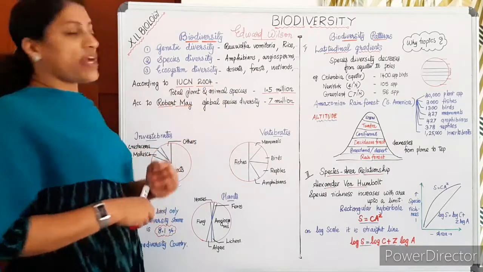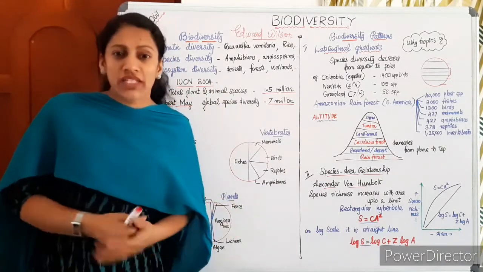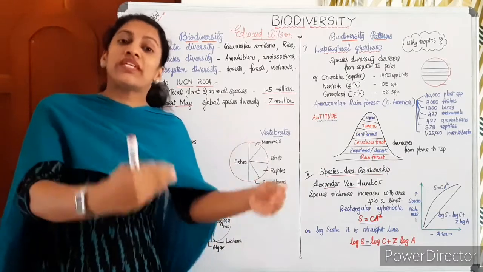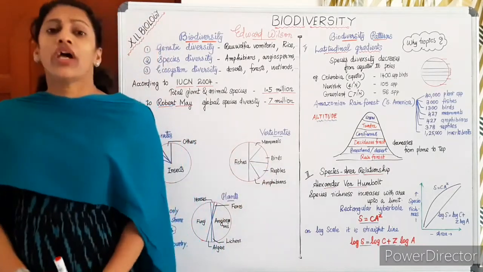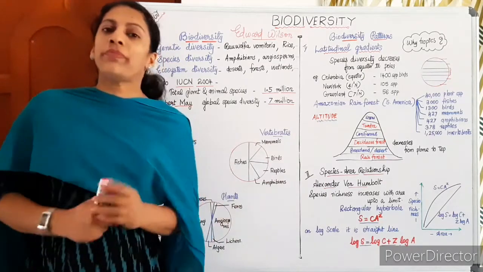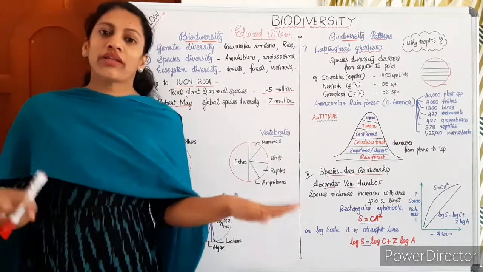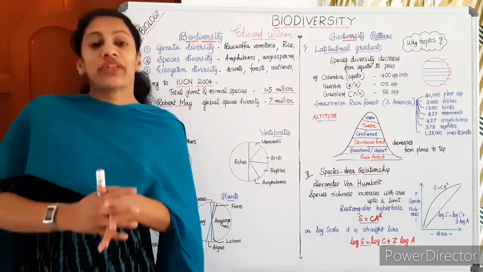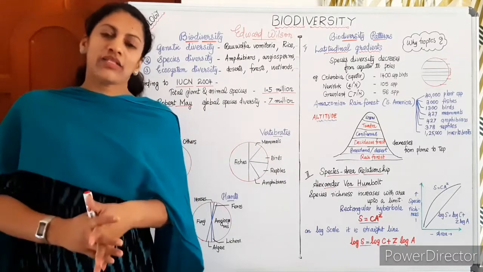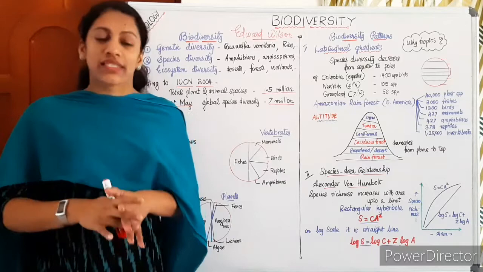Then what is the next type? Species diversity means the variety at the species level. How many different species are there? Human beings, the entire human population, represent one species, Homo sapiens. All coconuts represent Cocos nucifera. How many different species are there? That is species diversity, diversity at the species level.